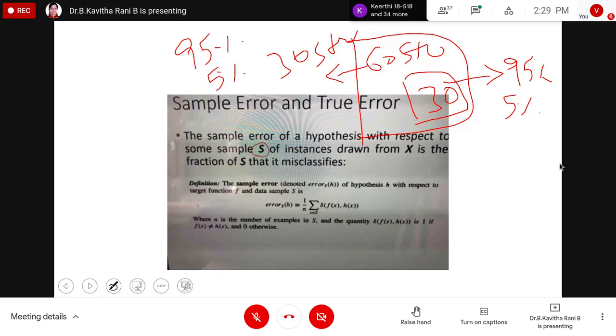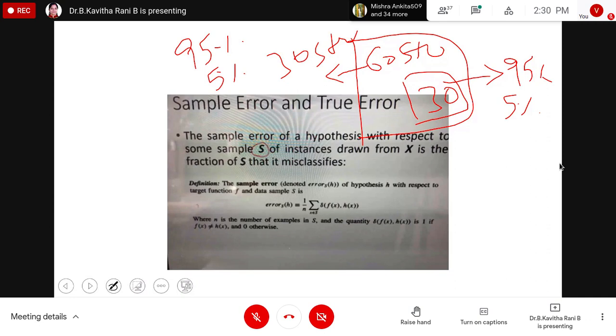So this is called true error. This is the difference between sample error and true error. The error which is associated with larger data, where the model predicts for unseen data, is called true error.